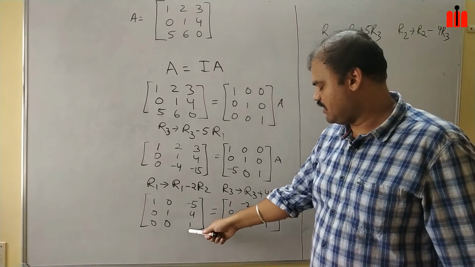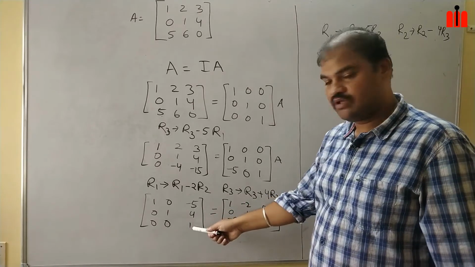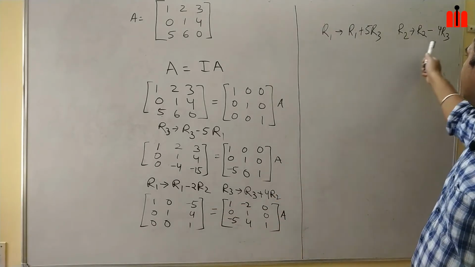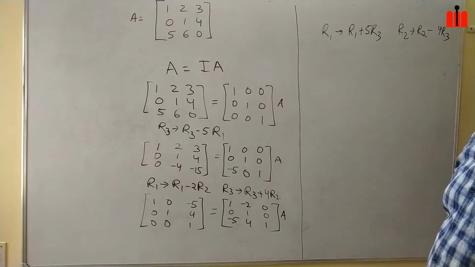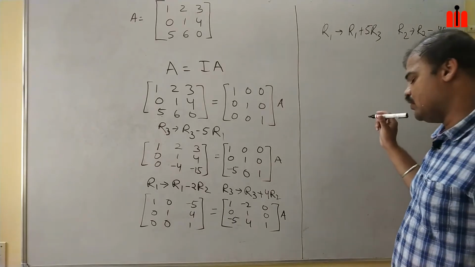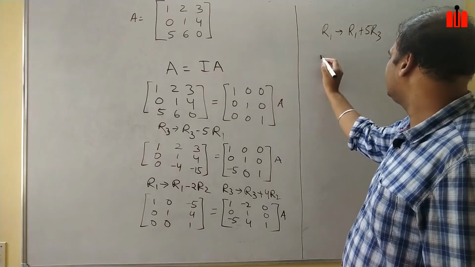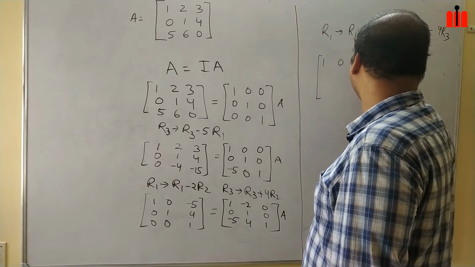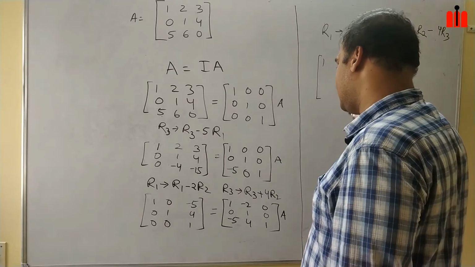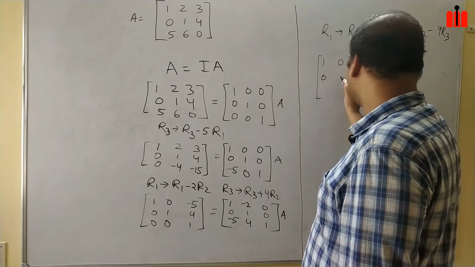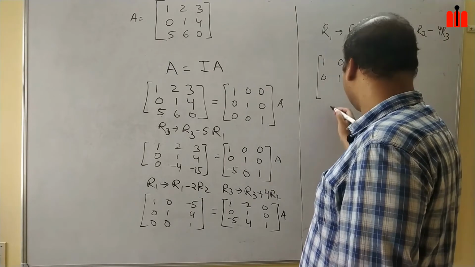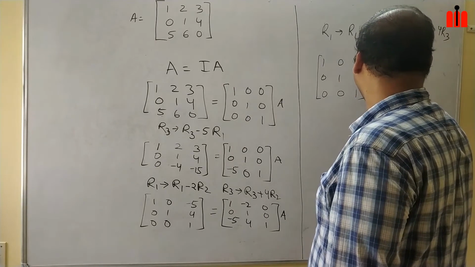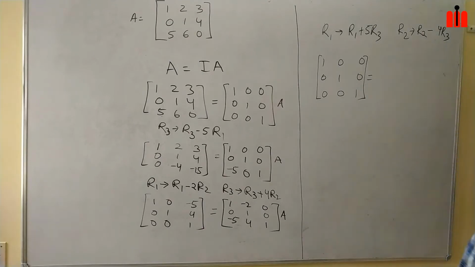So you multiply with 4, subtract here, it will become 0. Multiply with 5, add here, it will become 0. So multiply with 5, add, multiply with 4 and subtract. Okay. Now what my matrix will be? 1, 0, 0. Okay. And after that 0, 1, 0, 0, 0, 1. This will be my matrix.